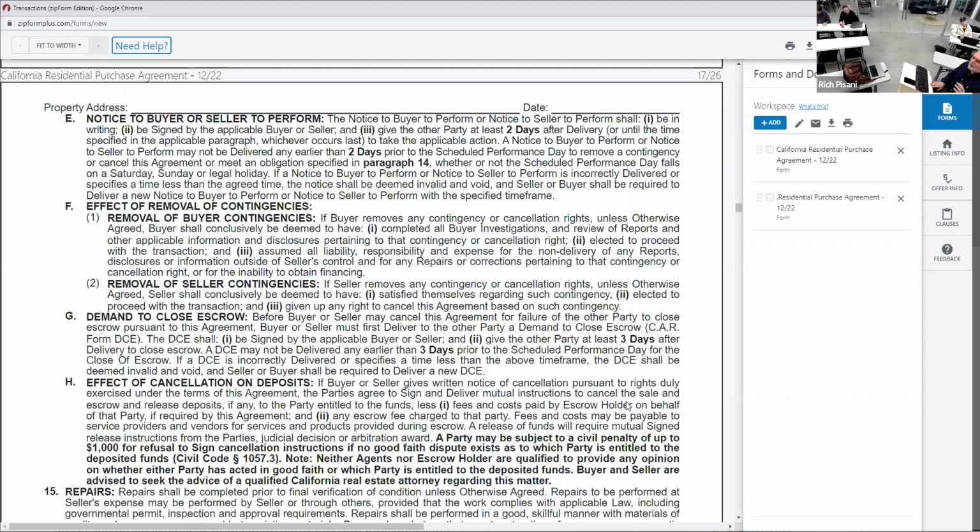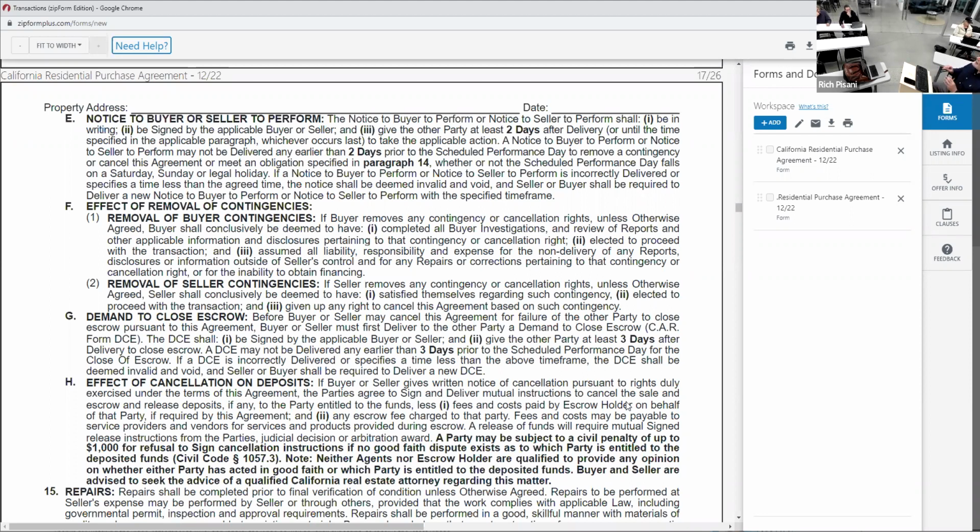If you, the seller, know that the buyer is dragging their feet and it doesn't look like they're going to close, the seller, 3 days prior to that close of escrow date, can give a demand to close. Now, giving a notice to perform and giving a demand to close doesn't mean that they have to cancel.